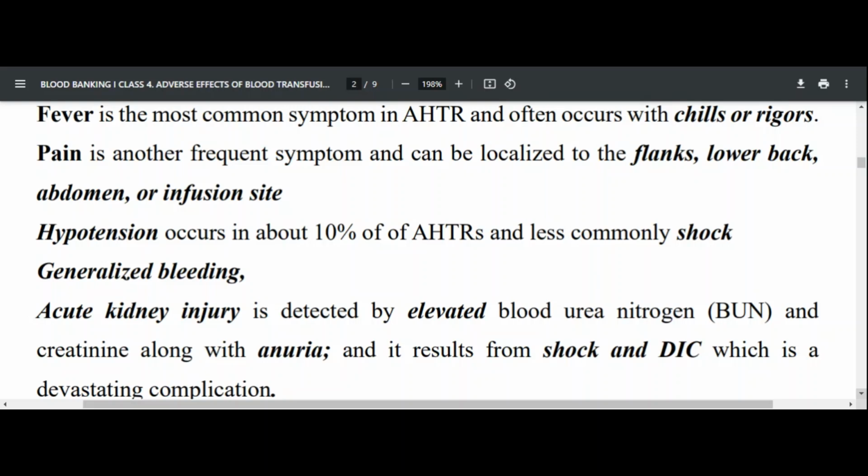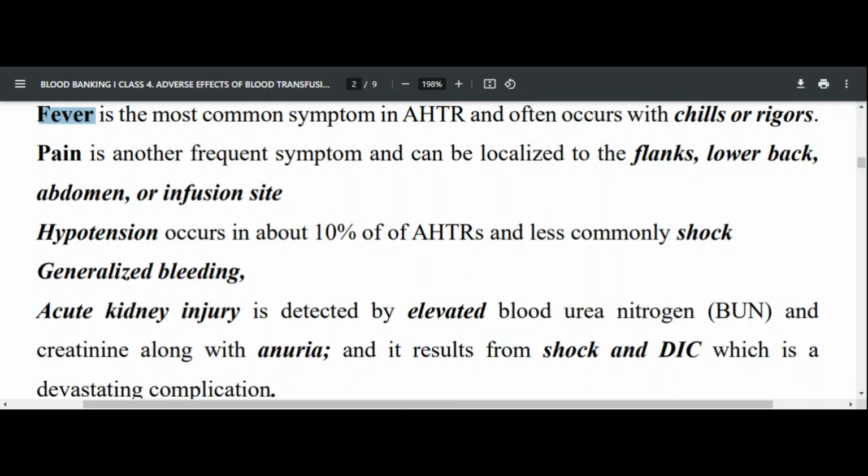What we need to understand and keep in mind is that we have to distinguish between the symptoms and the most common symptom in one reaction versus another. For example, you can find fever in a contaminated blood product, or in an acute febrile reaction. There's also fever as well as pain.